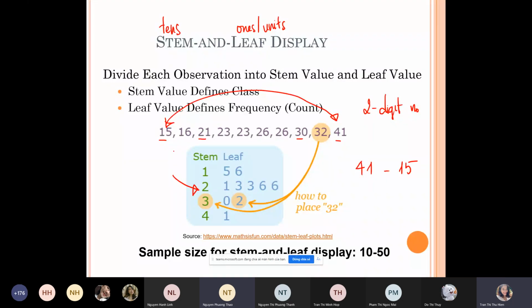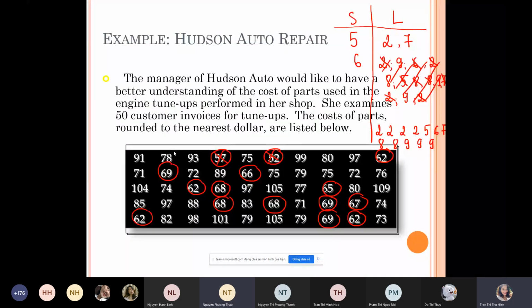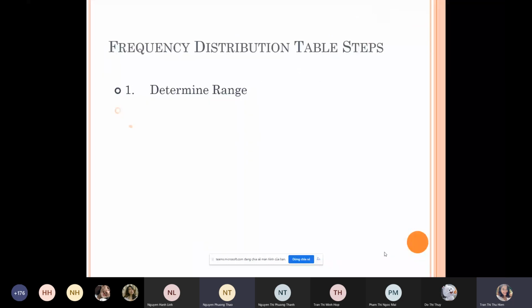And for the second example, the range in here is from 52 to 109. So the range is the difference between the smallest and the highest values.